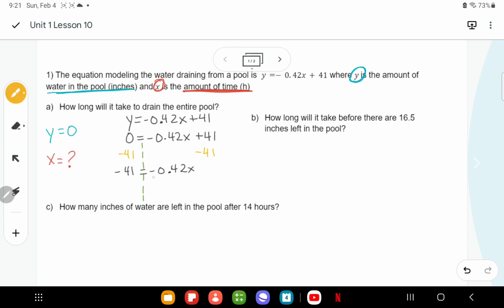And I need to get x by itself. I'm going to divide by negative 0.42. So this one you'll for sure need to use your calculator. I'm going to do negative 41 divided by negative 0.42.